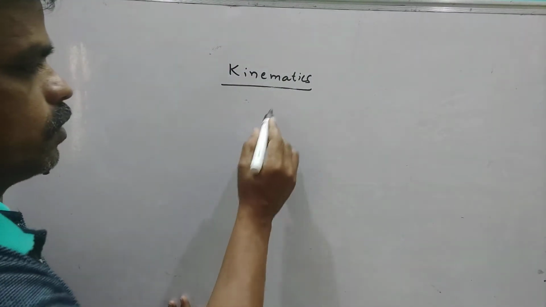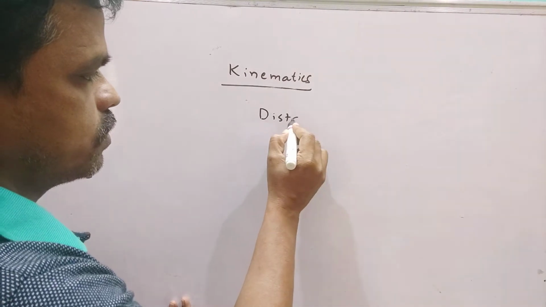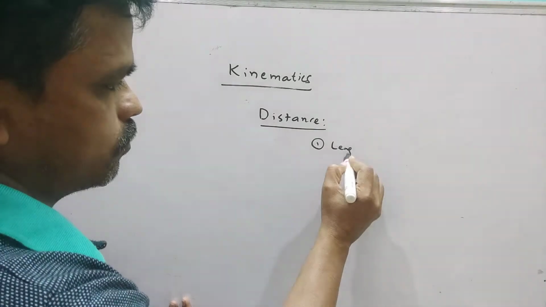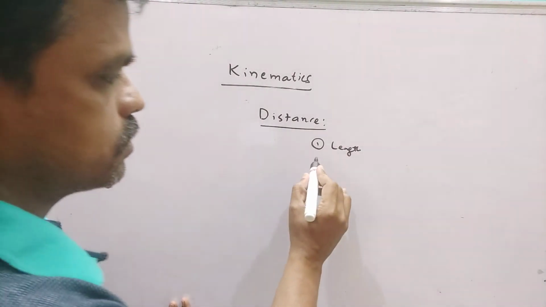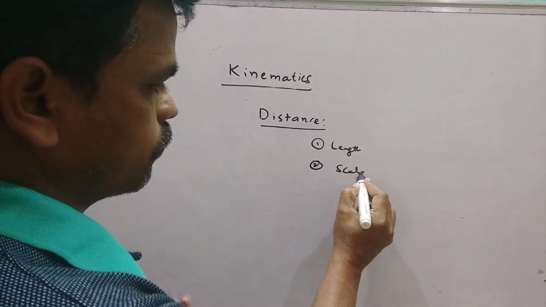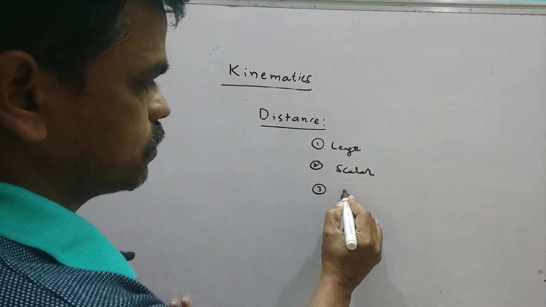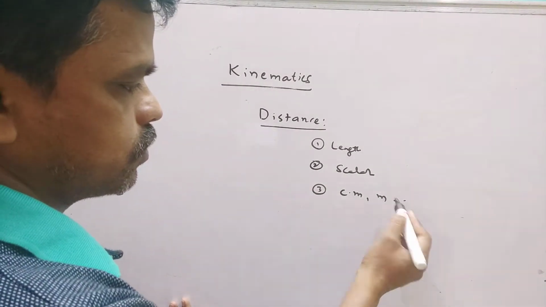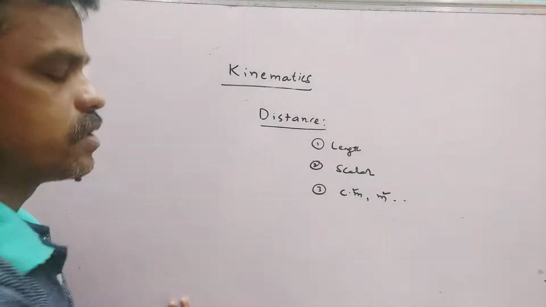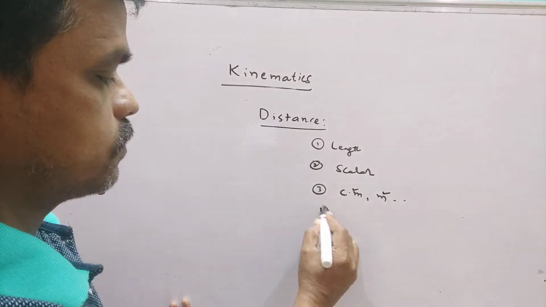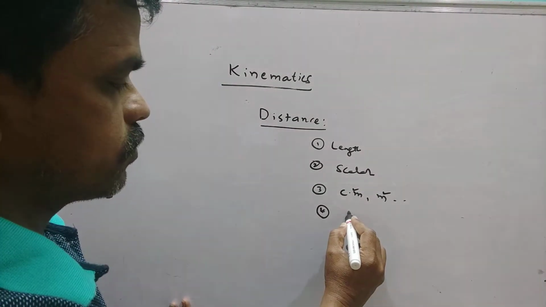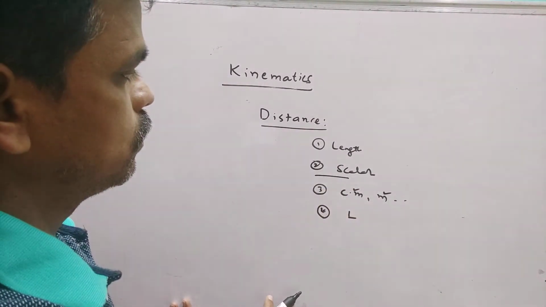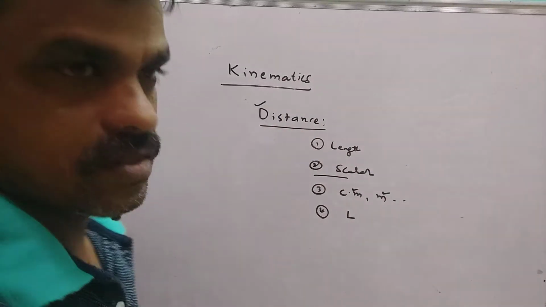First, distance is the length between 2 points, and it is a scalar. The unit is centimeter or meter, whatever it is. In the CGS system it is centimeter, in MKS it is meter. Next, the dimensional formula for this one is L. So it is a scalar.